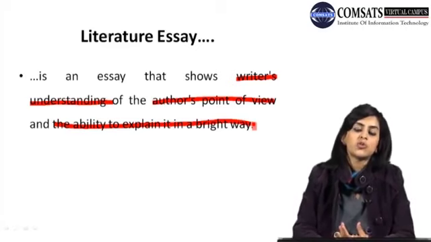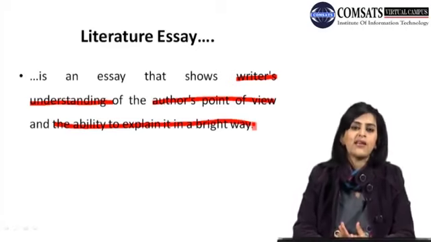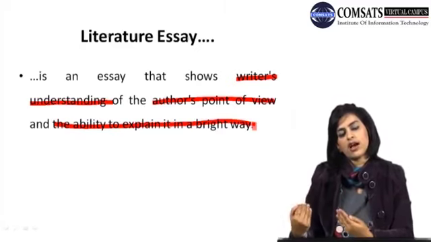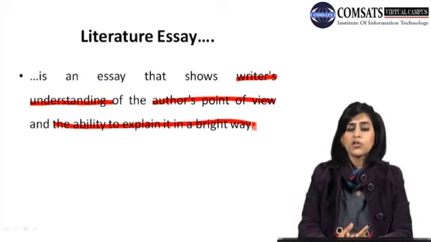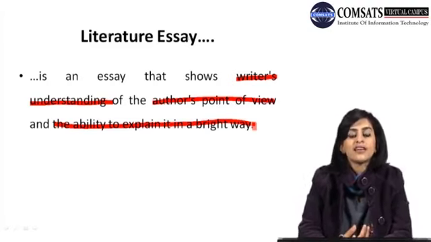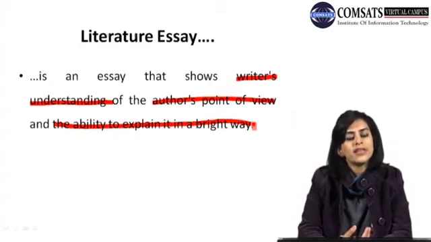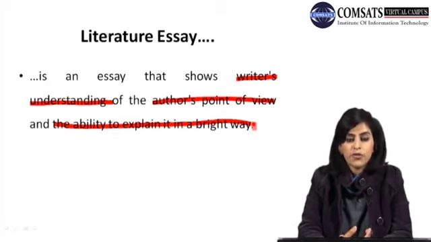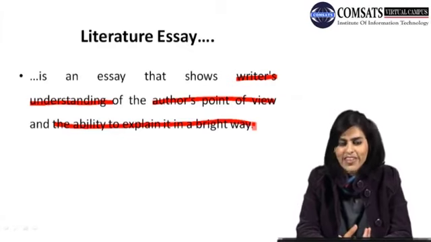That means you are supposed to mingle your ideas with the original ideas of the author. So your literature essay would be an analysis that is a combination of your point of view as well as the original point of view coming from the author of the piece of literature you have picked up to write a good literature essay on.